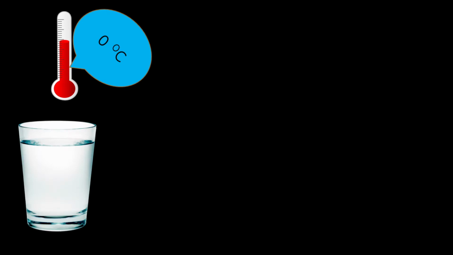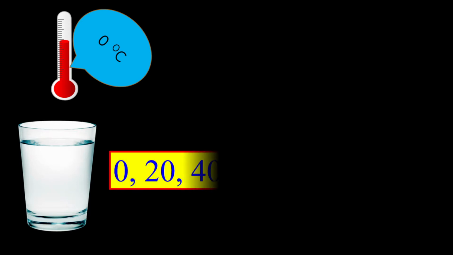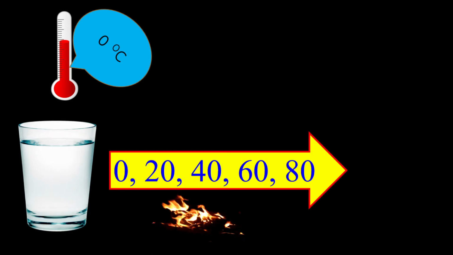Now, what if we take this 0 degrees Celsius liquid water and apply heat onto it? What you'll notice here, this temperature range, as a matter of fact, is just some examples. We could have smaller intervals.